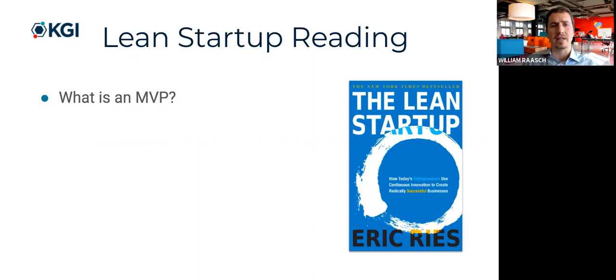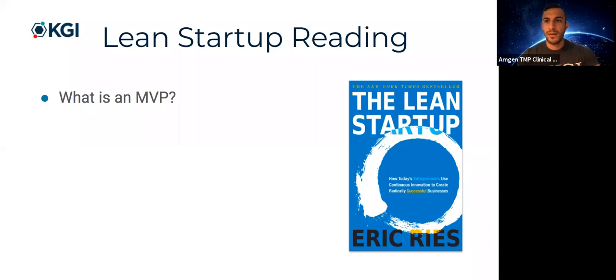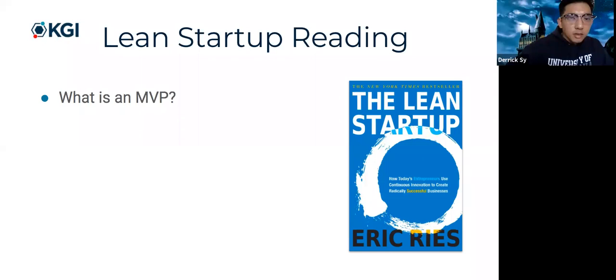And then finally, the viable product part. So let's talk about that a little bit. What does that mean? Maybe something that you could actually tangibly give out to someone, that way they can get the idea across.